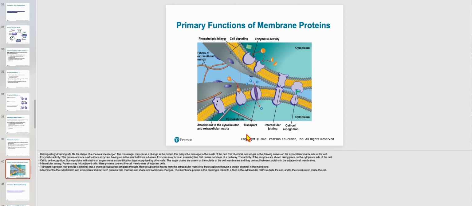And the last one I gave you before, that I'm now repeating again today, is receptor. They're not showing you a picture of that, but this enzyme example could serve as a receptor. Some people call cell signaling here a receptor as well.